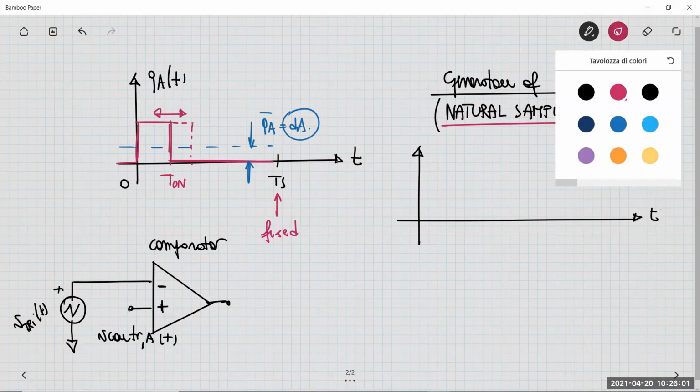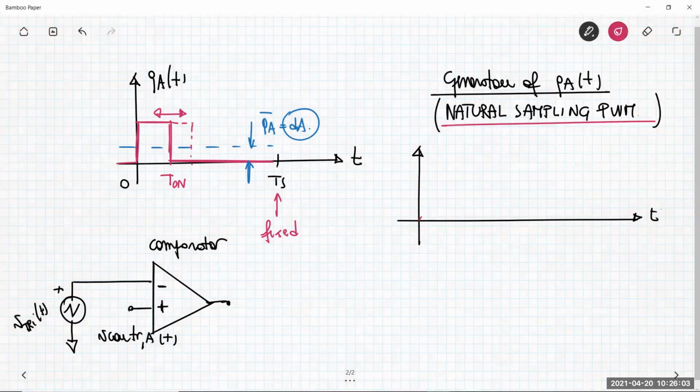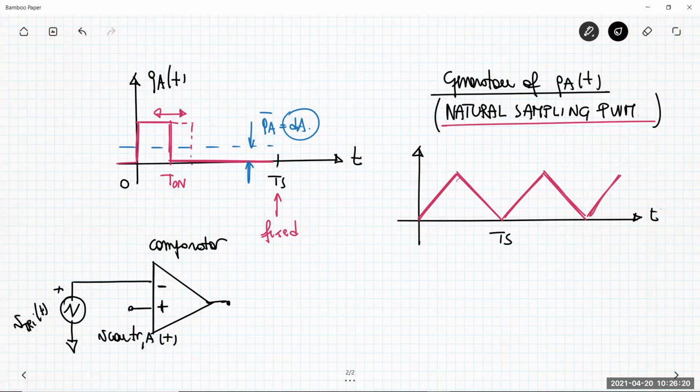Suppose, for example, you have a triangular waveform, which is something like this, a periodical function. The period of this triangular waveform is exactly Ts, which is our switching period, the period of the unitary switching function.